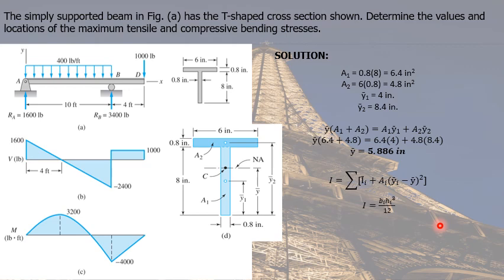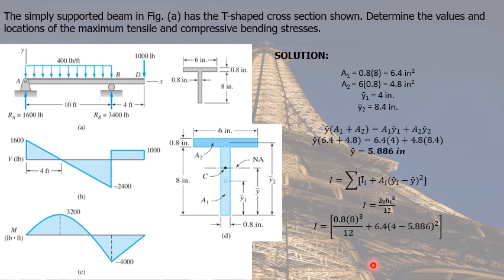We do note that for a rectangular cross-section, I bar i is equal to B H cubed over 12, where B is the base, H is the height.